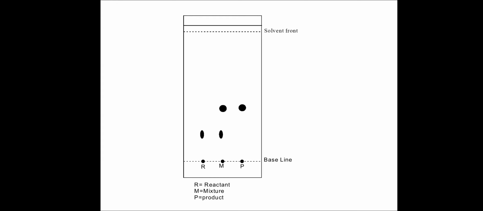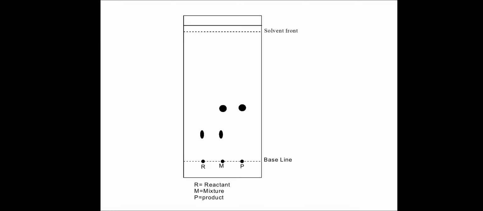After getting clear separation of the spots from the baseline as well as from one another, your picture of the TLC plate looks like this. Here we can see the spot of reactant is oval in shape, and the spot of product is round or circular. This is just for our understanding.